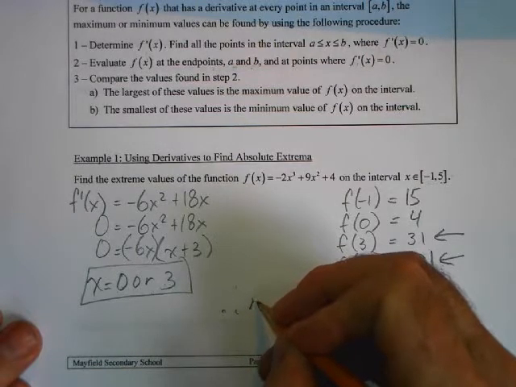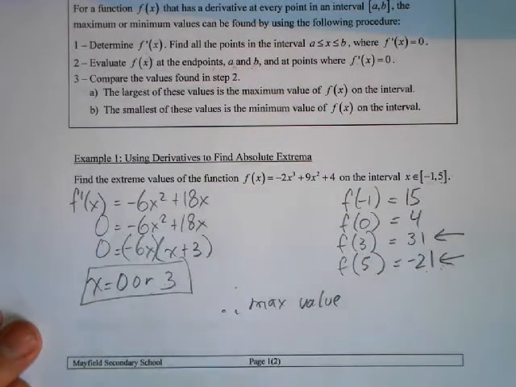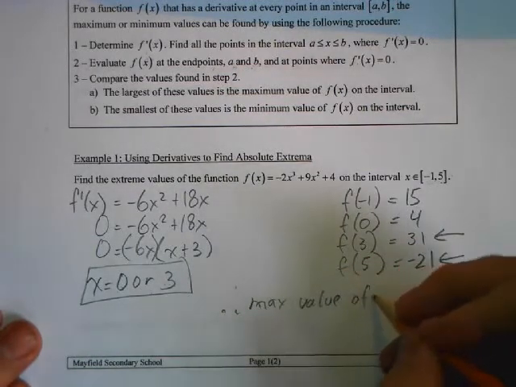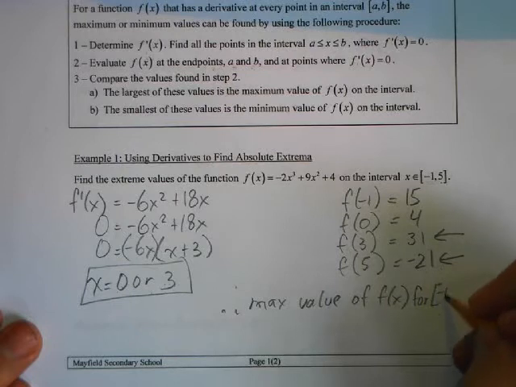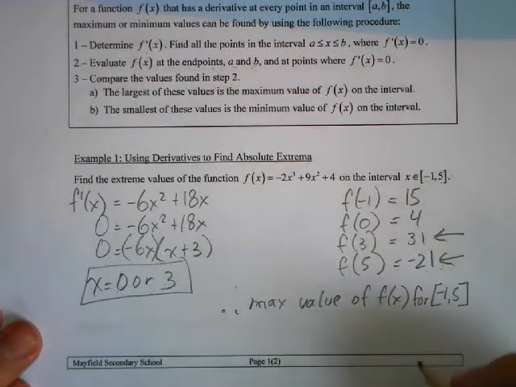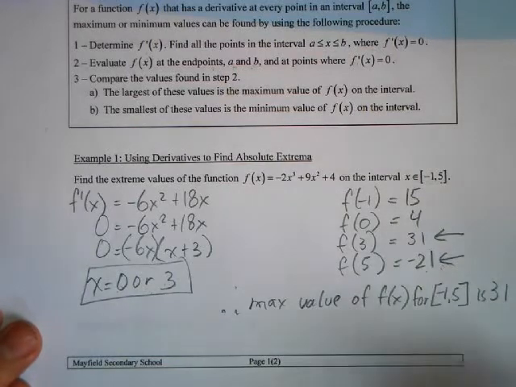Okay, so therefore the max value of f of x for, and I'll put the interval here, -1 to 5, is 31, and that's the point right here.